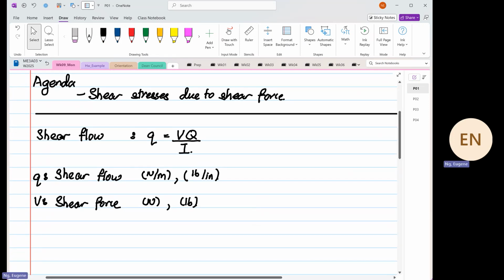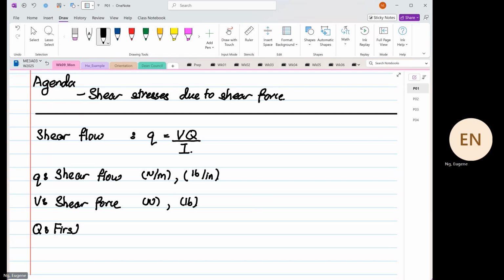And then we have Q, which corresponds to the first moment of area. And this is in meter cubed or in inches cubed.